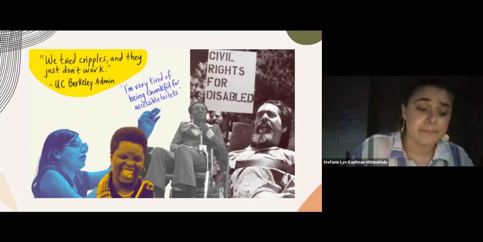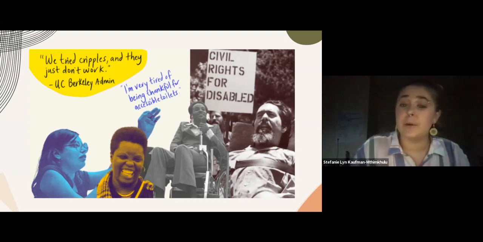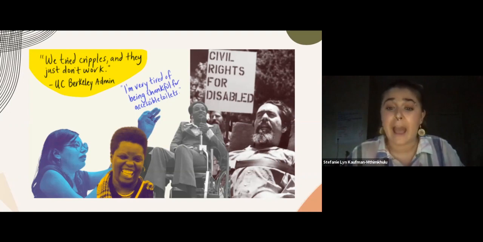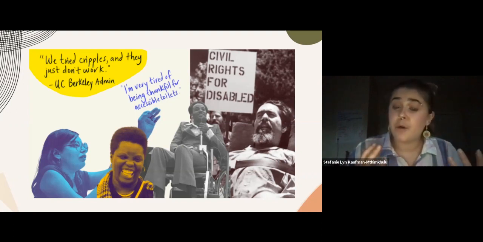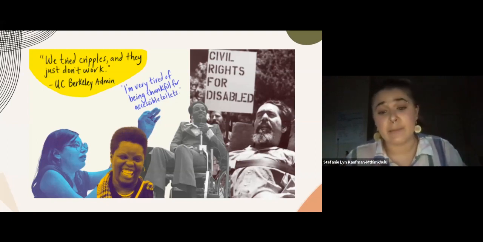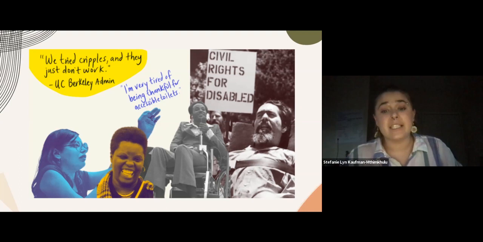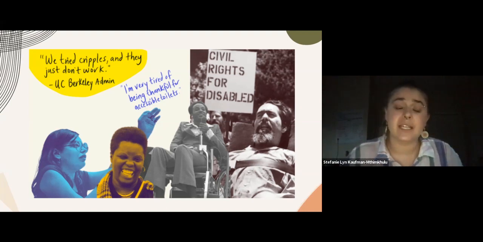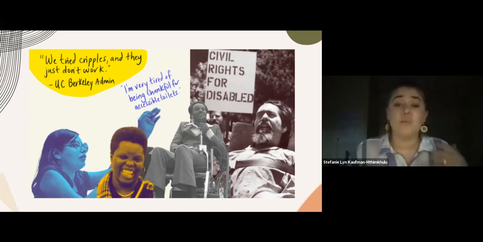And the Black woman on the screen, Lois Curtis, was also instrumental in that fight. Y'all might know her from the Olmstead decision, the Olmstead Act, which is a federal mandate that says that disabled people must be given the opportunity to live in the least restrictive environment and live in community when able to, when it's accessible.